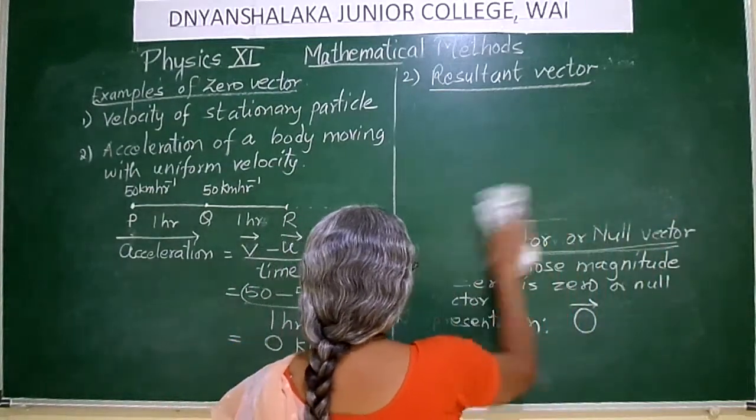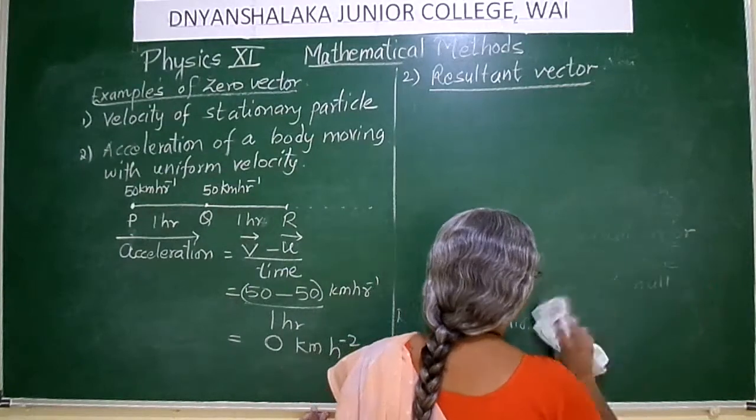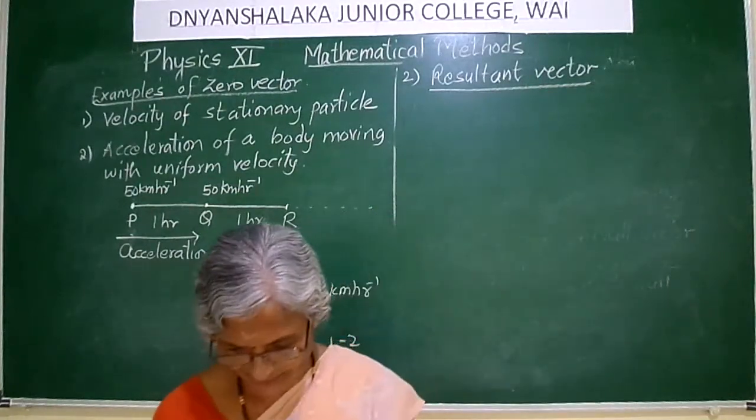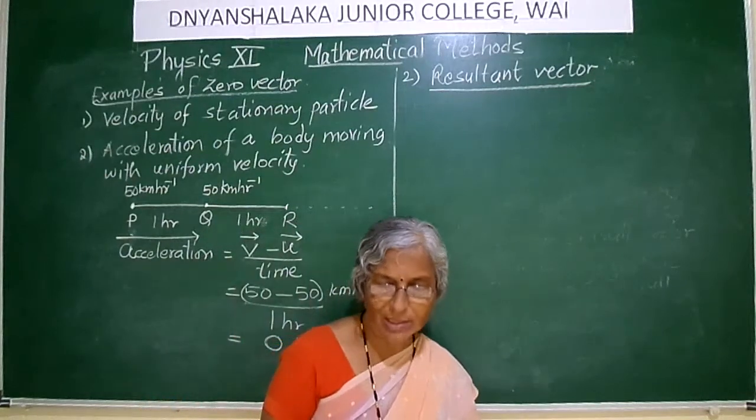Now, if we go for the definition of the resultant vector, how do you define the resultant vector?